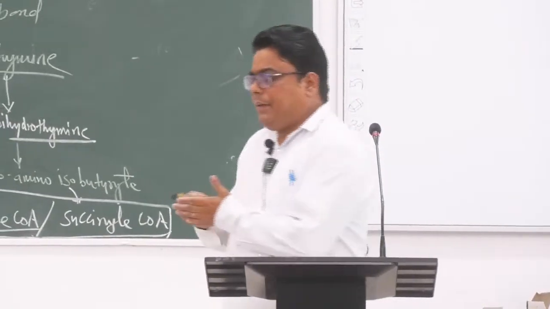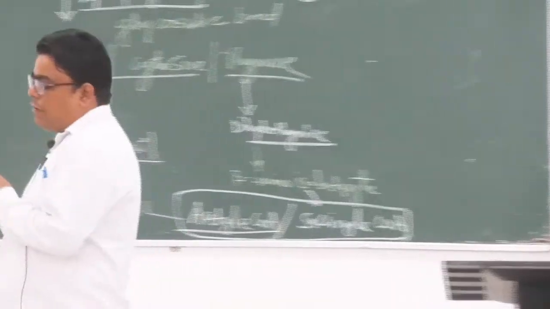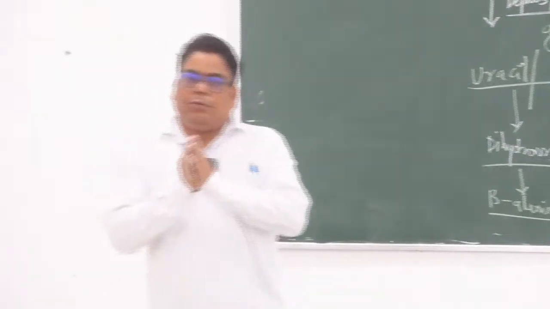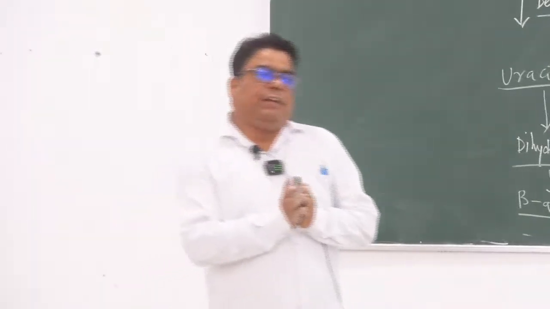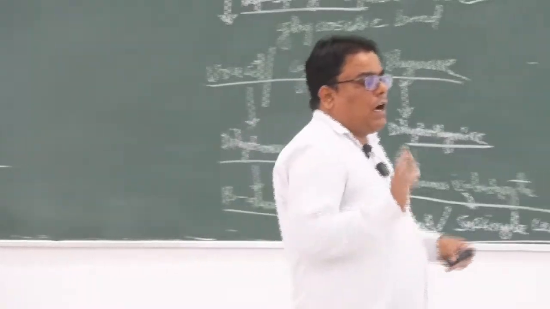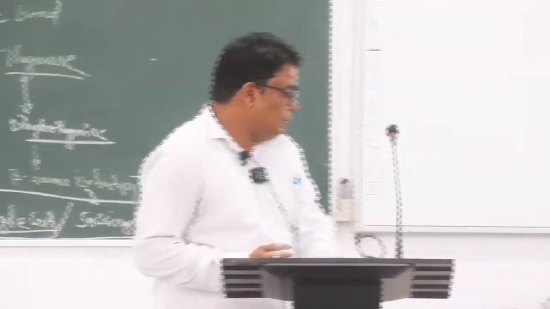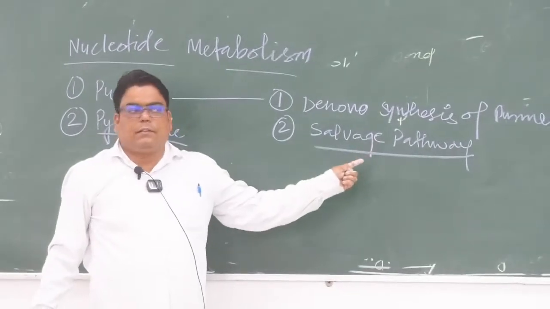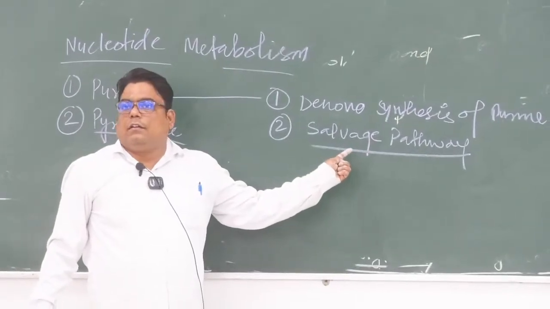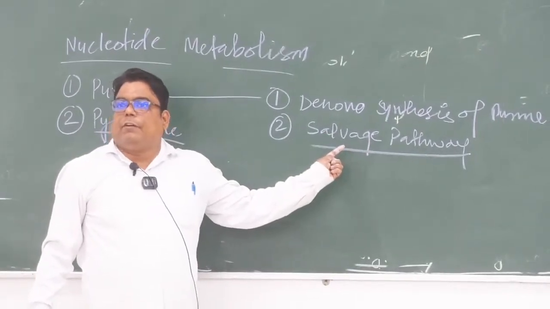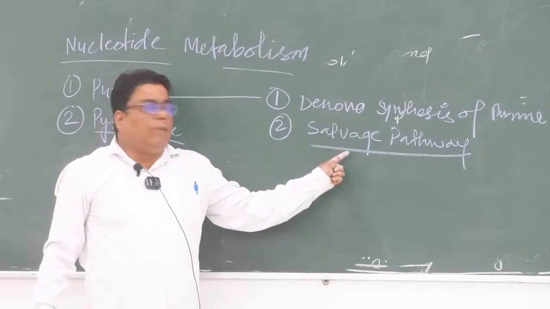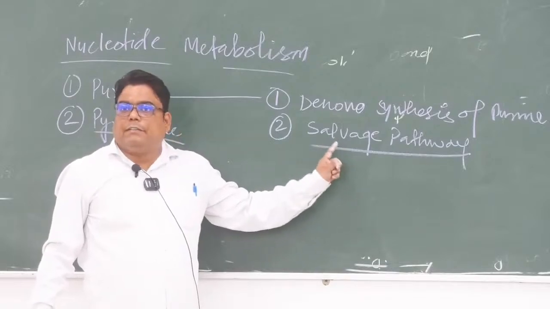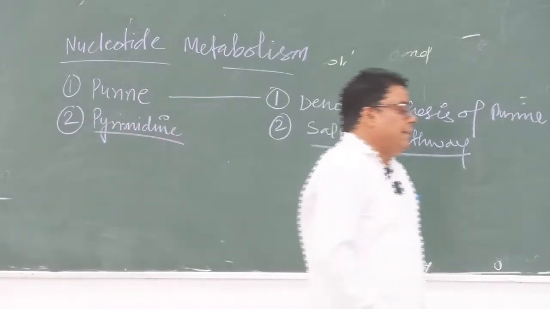Here we complete nucleotide metabolism. Now I summarize it. You listen carefully. Why do we require the salvage pathway? Anybody from the last bench?